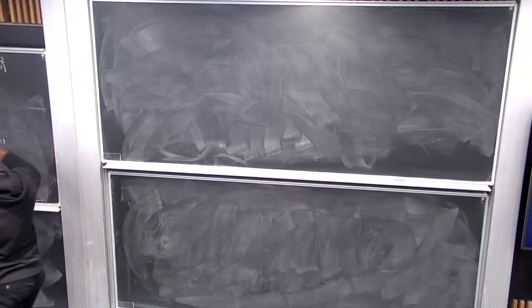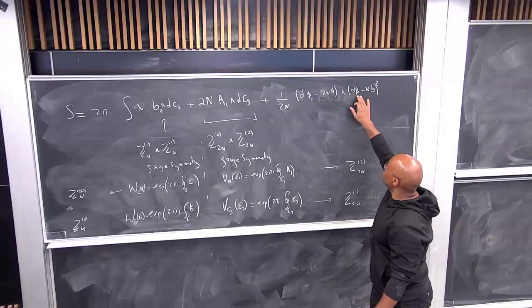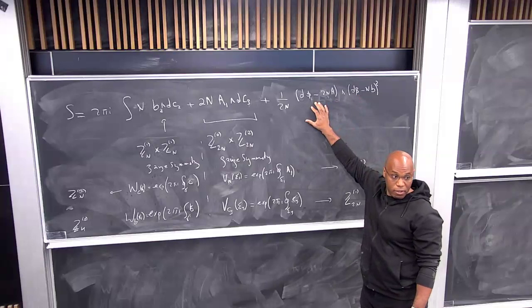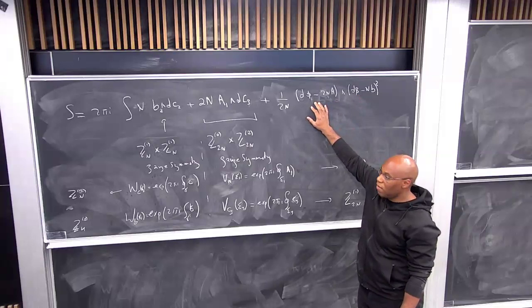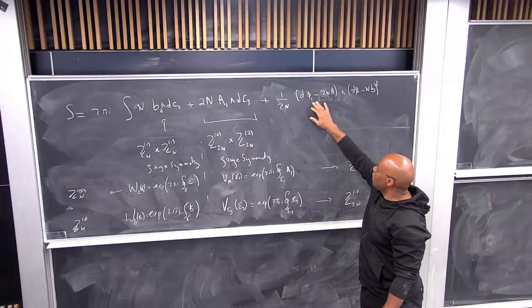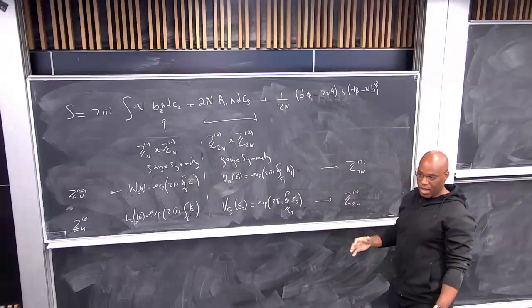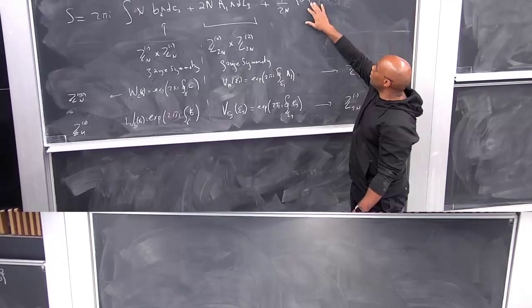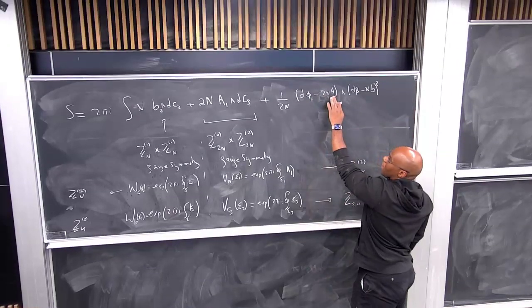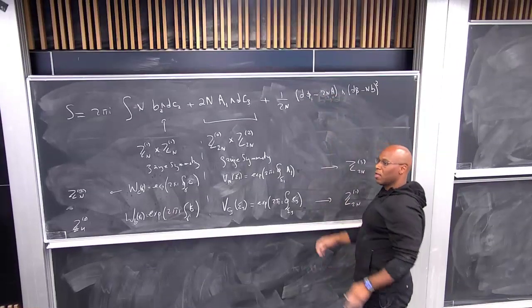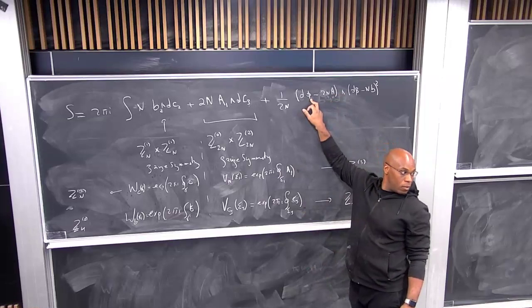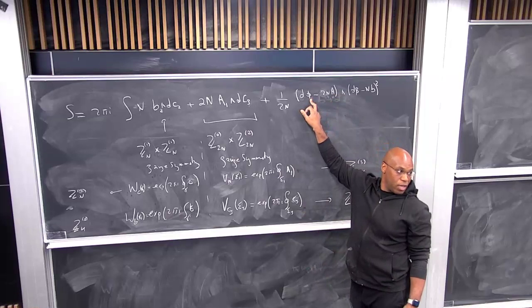The reason why I'm adding these modes is because I want to construct an action that is gauge invariant. So I've introduced phi and beta, which are going to be non-dynamical fields. They're non-dynamical because the local gauge transformation for A corresponds to a shift symmetry for phi, similar to the question that was asked earlier.